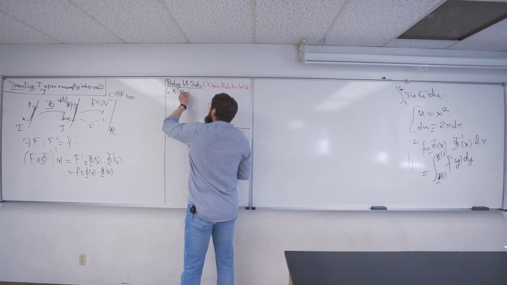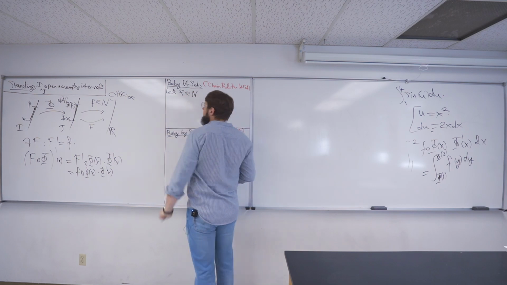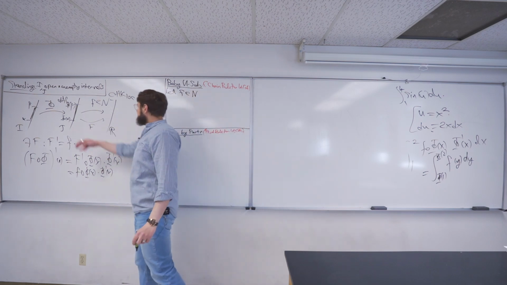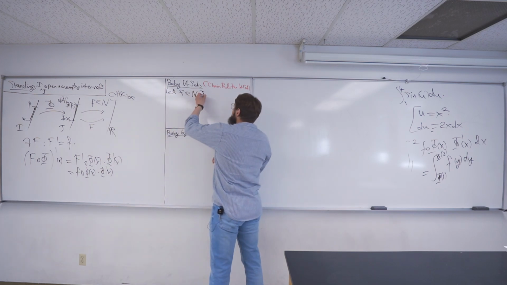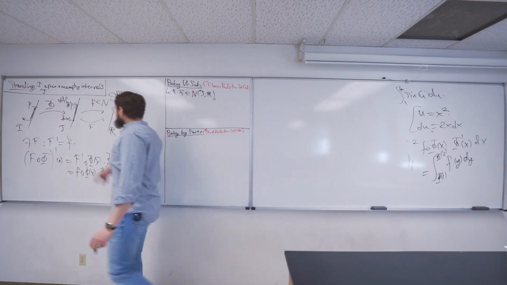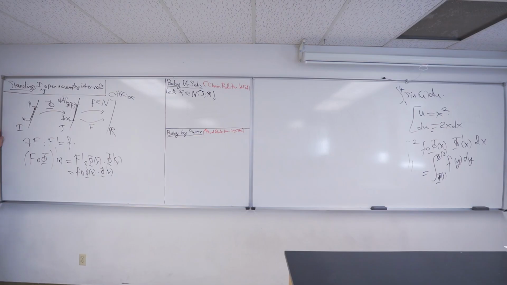And so I can say something like this, for instance. Let lowercase f be Newton integrable on J, taking real values. And let me let phi be a diffeomorphism. You don't need the diffeomorphism, but I don't want to worry about inverses, whatever. I can just assume that it is differentiable. Its inverse is also differentiable.